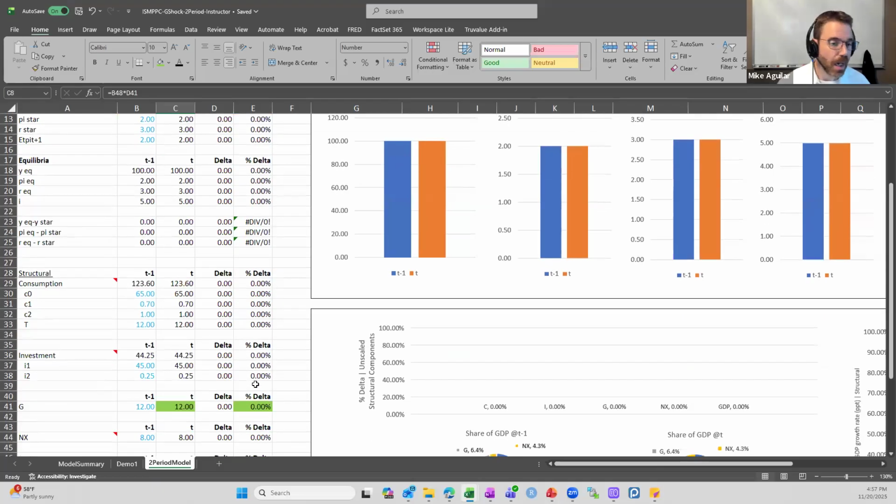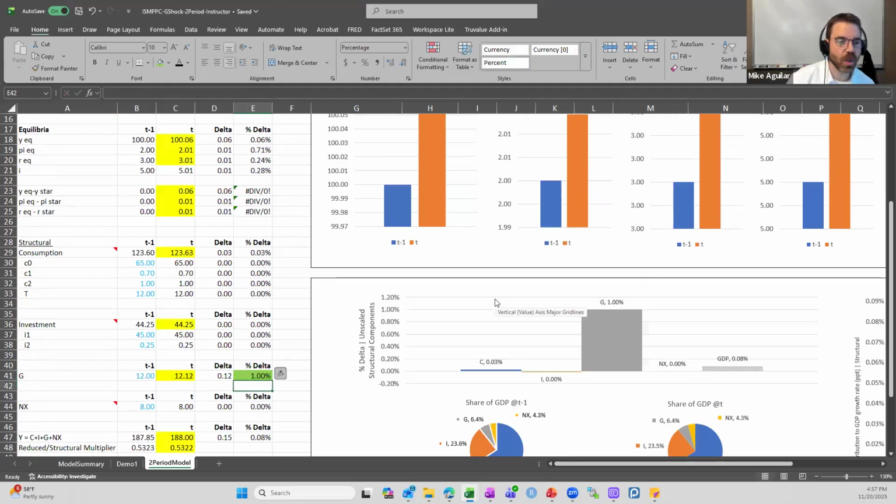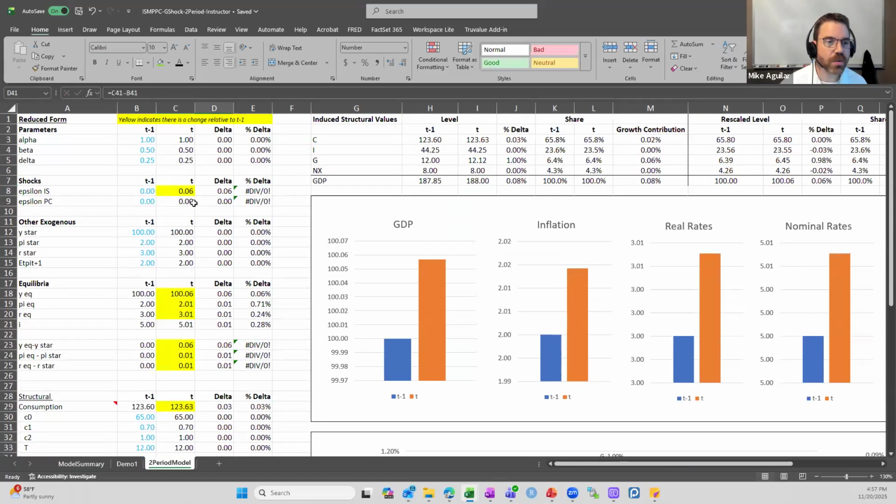No shock. What if that spending on the Trump White House ballroom increased government spending by 1%? Well, in our indexed value, that means that G goes up by 1%, which is 0.12, let's call it billions of dollars. That equates to an epsilon IS shock of 0.06.